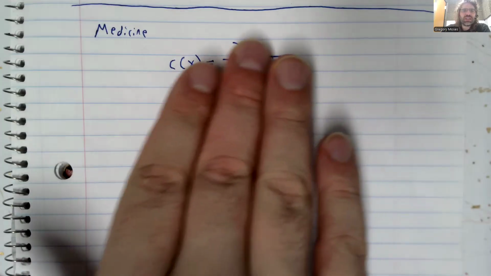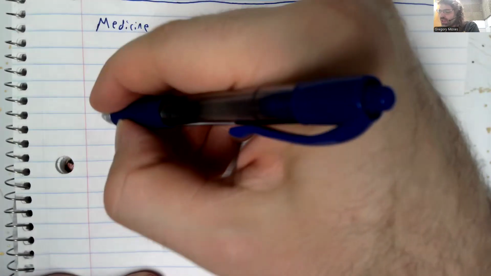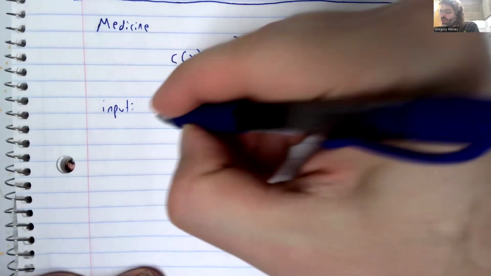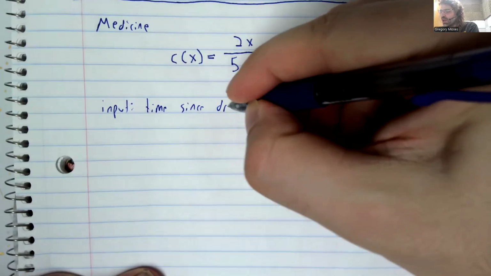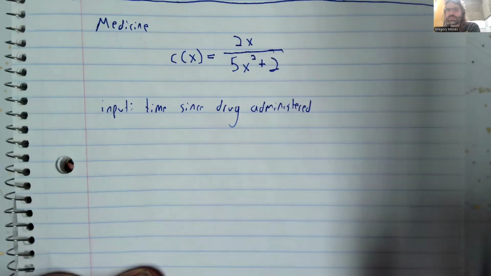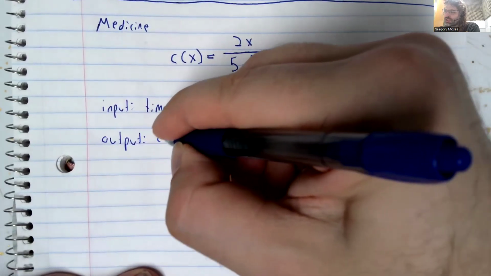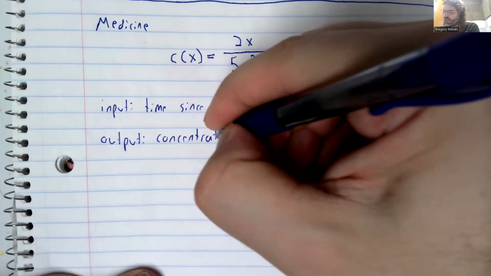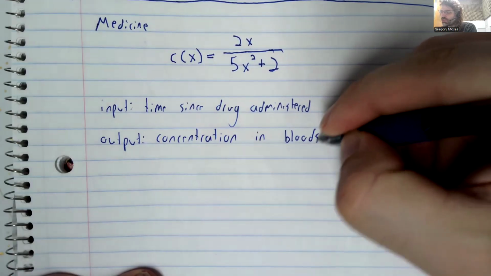And the reason equations like this show up is simply that they have the shape that we expect a drug concentration curve to have. So here the input is the time since a drug was administered, and the output is the concentration of the drug in the bloodstream.